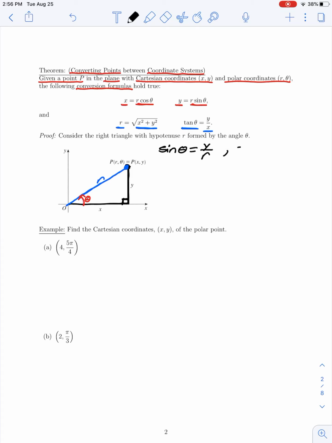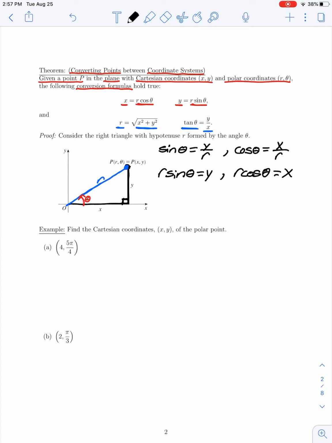And cosine of the angle theta is the ratio of the length of the adjacent side, which was x, over the hypotenuse, which was r. So multiplying both sides of this equation by r, we have r sine of theta is equal to y, and r cosine of theta is equal to x. So that gives us our first two formulas from that theorem. x is r cosine theta, and y is r sine theta.